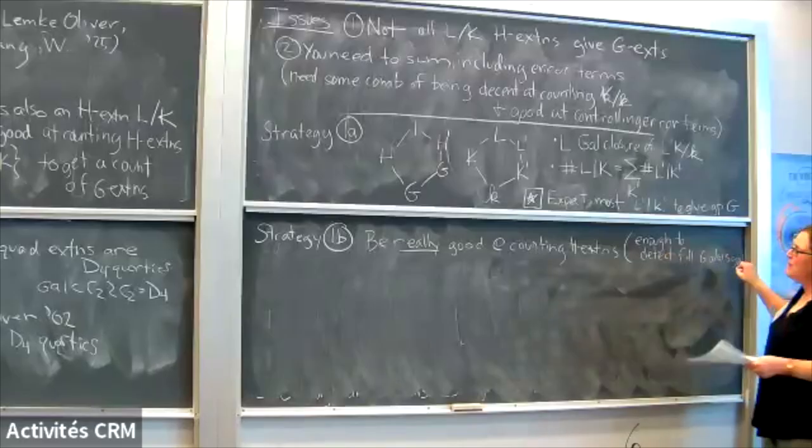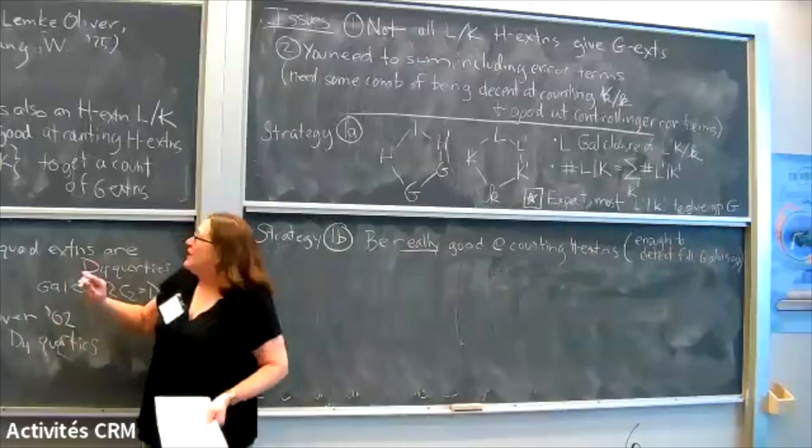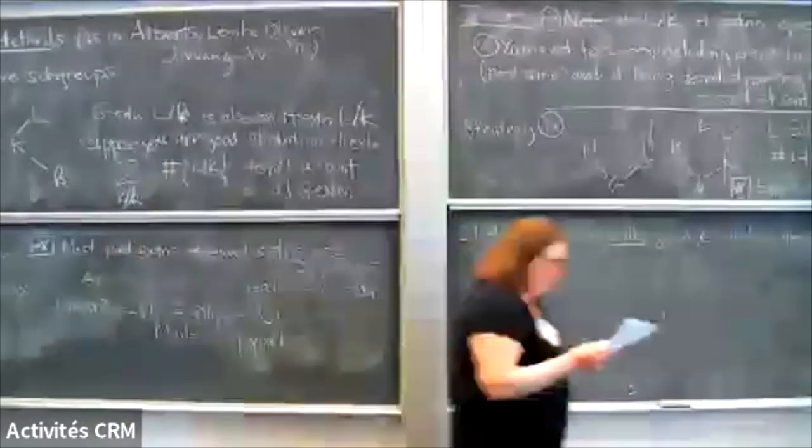You're like, well, I really know all my H extensions, and I can tell you everything you want to know about them, including if they happen to have full Galois group G over the base field.